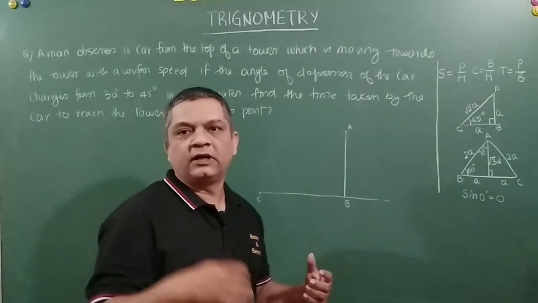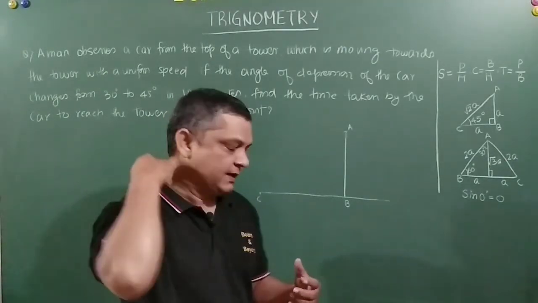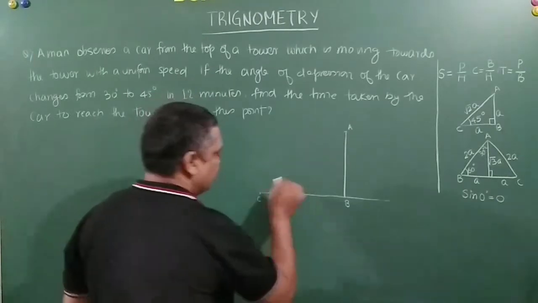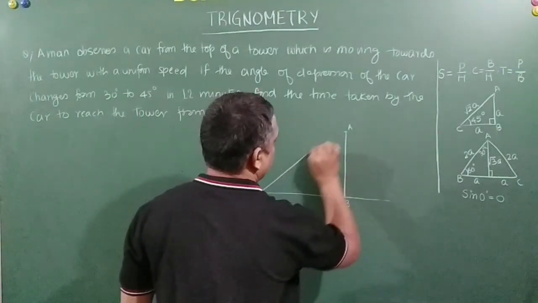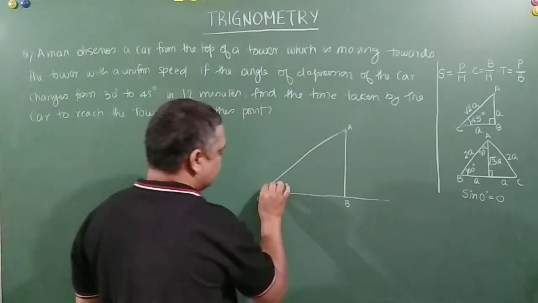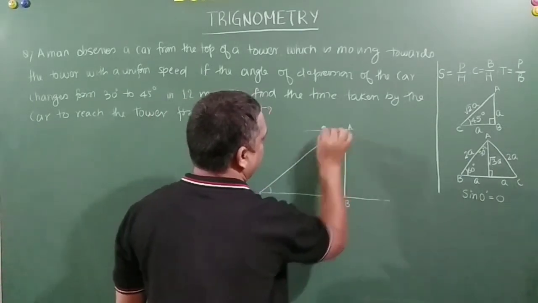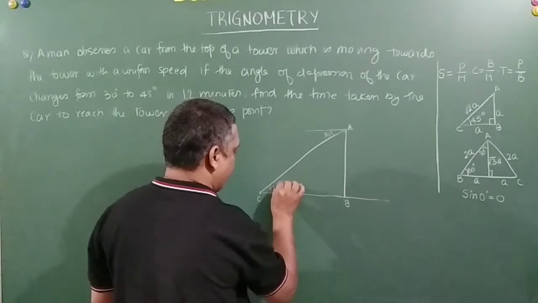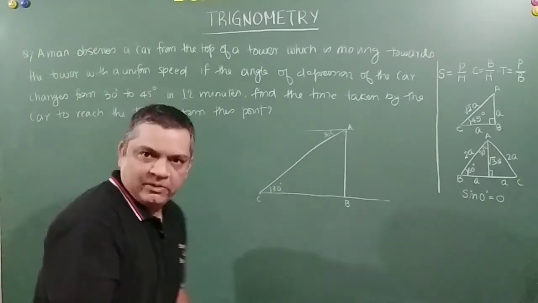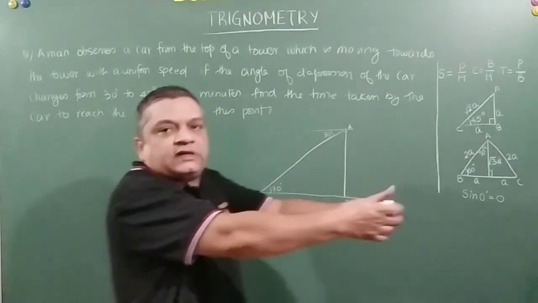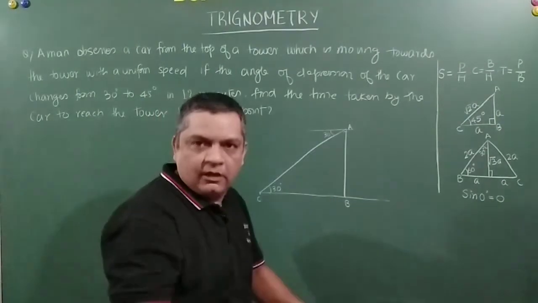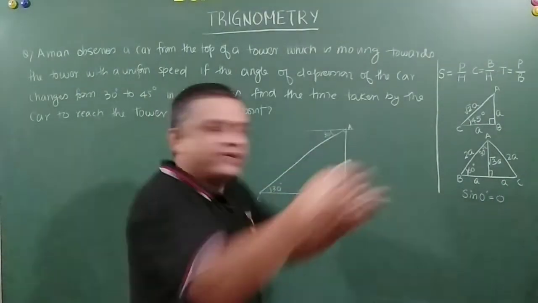Angle of depression keeps on increasing, right? So first it will be 30 degrees. Let us say this is 30 degrees, and hence this is 30 degrees. In 12 minutes the car moves towards the tower and the angle of depression changes from 30 to 45 degrees.